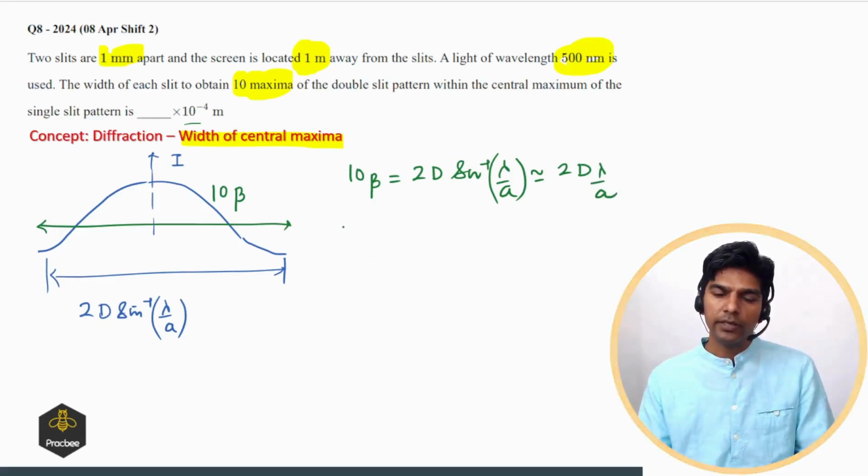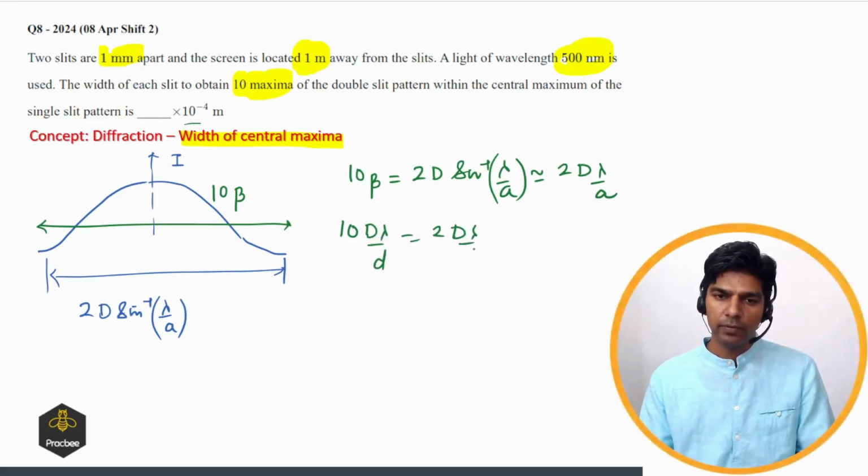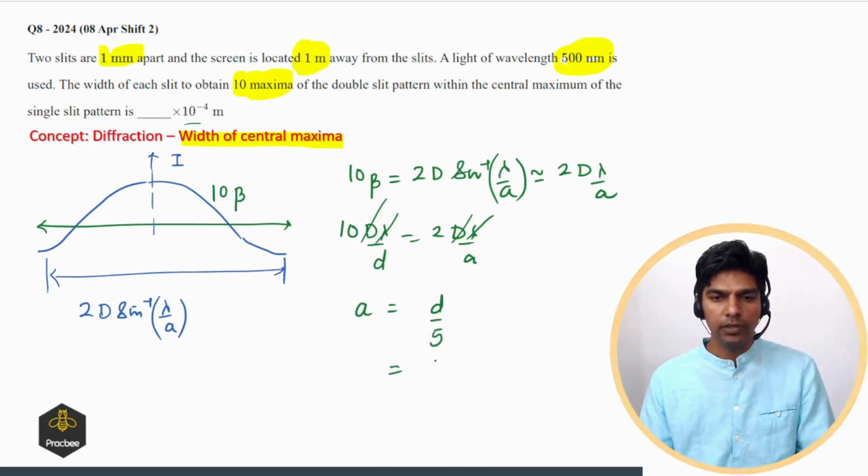And beta, from YDSE, is D lambda by small d, so it will be 2 times D lambda by a. So D lambda will get cancelled out, and a comes out to be d by 5, and d is given as 1 millimeter, so 1 by 5.